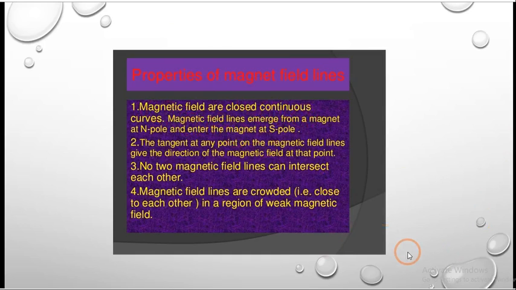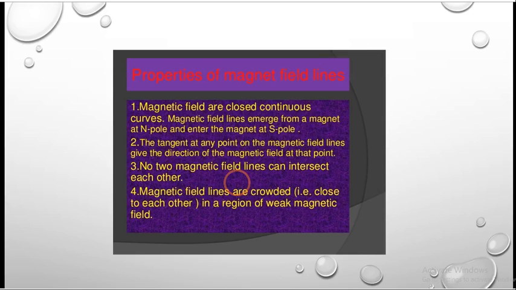Magnetic field lines emerge from a magnet at the N pole and enter the magnet at the S pole. The tangent at any point of the magnetic field lines gives the direction of the magnetic field at that point. No two magnetic field lines can intersect each other. Magnetic field lines are crowded, that is, close to each other, in the region of strong magnetic field.